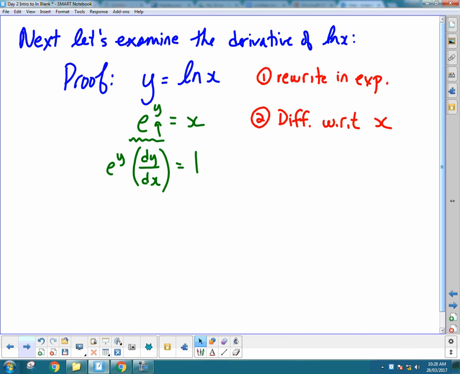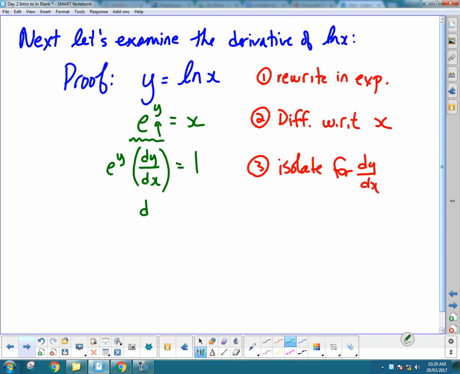Now, I isolate for dy by dx, because that's what I'm trying to find. I'm trying to find the derivative. dy by dx was being multiplied by e to the y, so I have to divide by e to the y to isolate. And guess what? e to the y is equal to x.